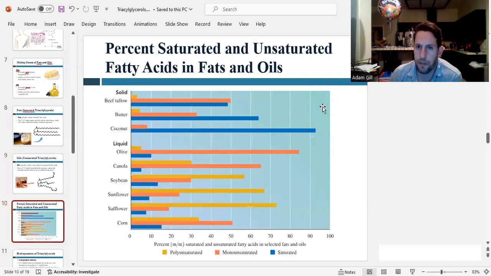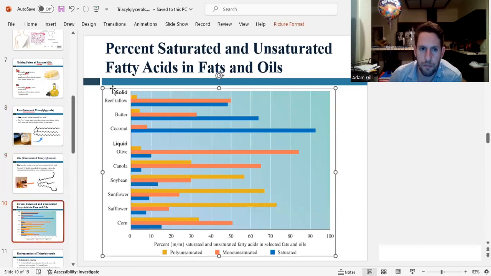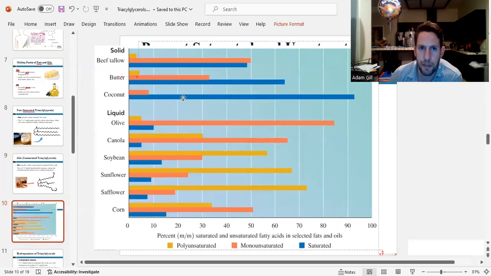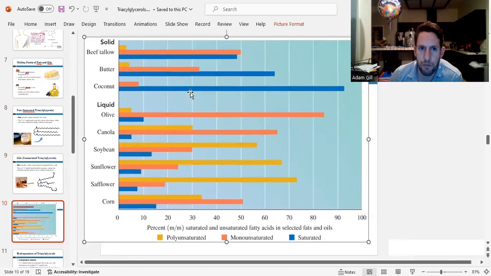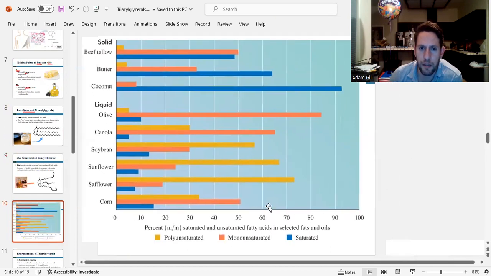Now, here's a chart that you don't need to know whatsoever, but I thought you might find it interesting. It's showing you the relative composition of polyunsaturated versus monounsaturated versus saturated fatty acids within different types of food sources.